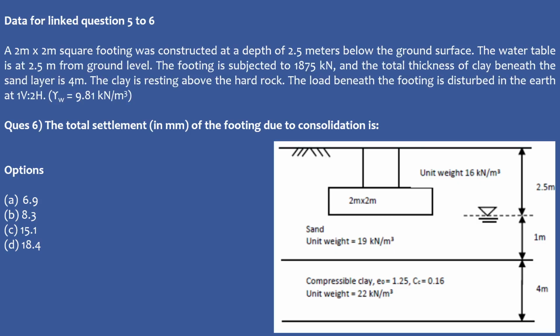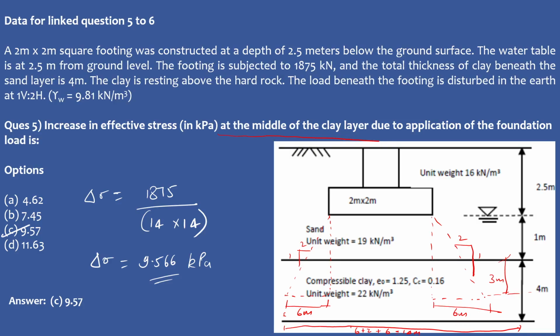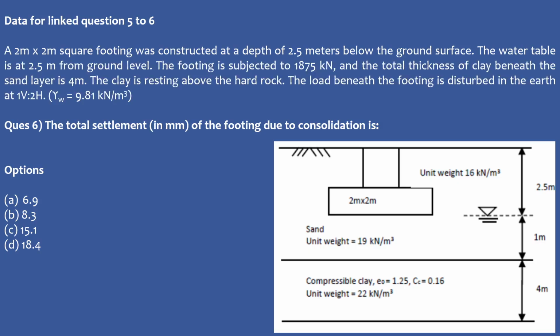Moving to question number 6. Now we need to calculate the total settlement of the footing due to consolidation. We have calculated how much your effective stress is increased at the middle of the clay layer. Now you are asked how much is the total settlement happening in the footing due to the consolidation. You have a 2 meter by 2 meter square footing constructed at a depth of 2.5 meters below the ground surface.